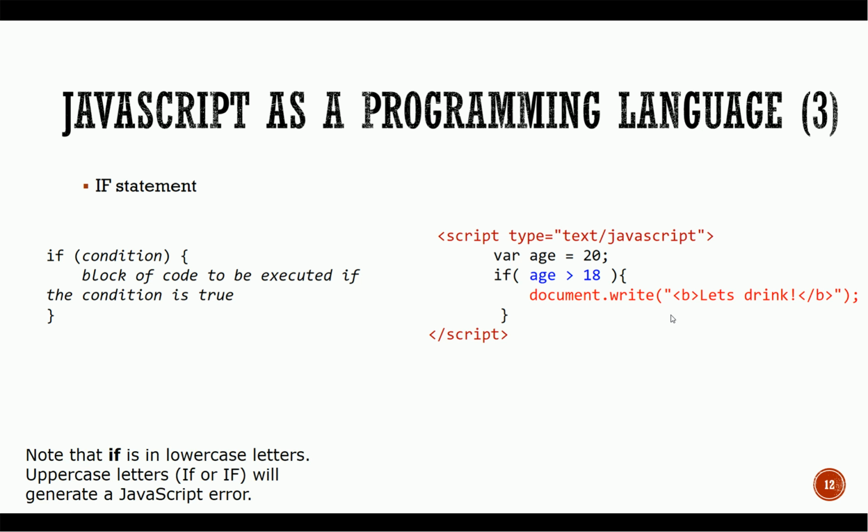We note that JavaScript is a case sensitive language, so that means the lowercase if is the only valid way to use an if statement. If you write if with a capital I, or both capital I and F, it will generate a JavaScript error.